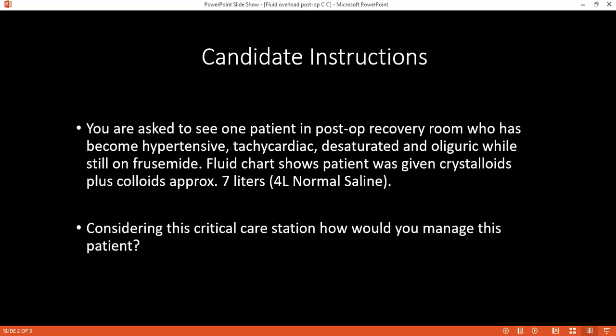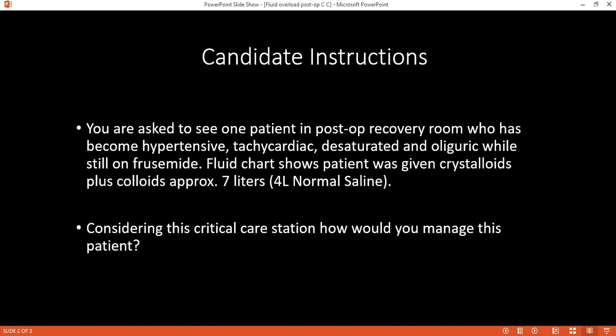Considering the patient was given 4 liters of normal saline out of 7 liters, do you comment on the choice of fluid? Was it the right choice for a post-operative patient? No, because it's hypertonic. What should have been the ideal fluid?